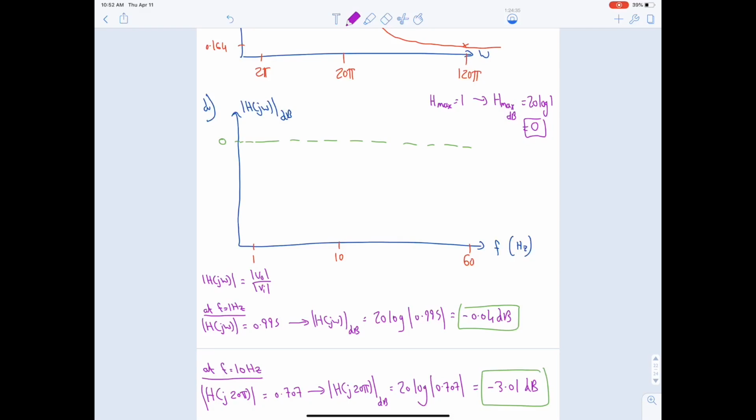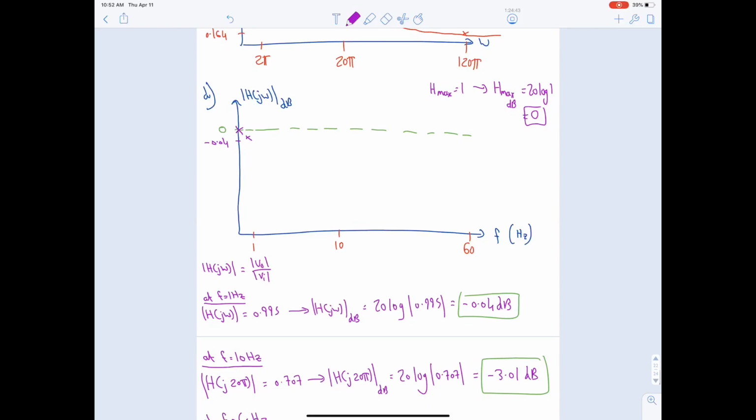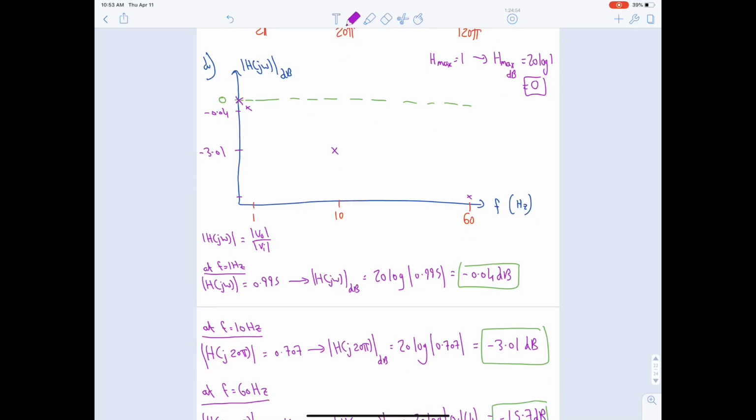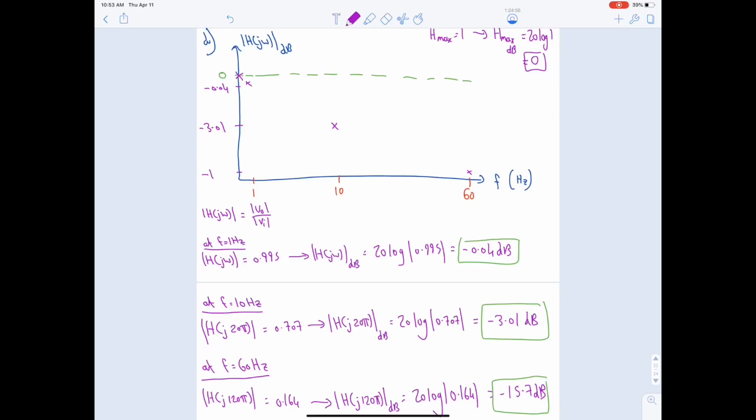Okay, so the maximum actually is 0 at frequency 0, but at 1 it has to be what? Minus 0.04. Okay, at F equal to 10, which is the center frequency, the magnitude in dB is minus 3.01. Okay, and at f equal to 60 in dB it's minus 15.7.